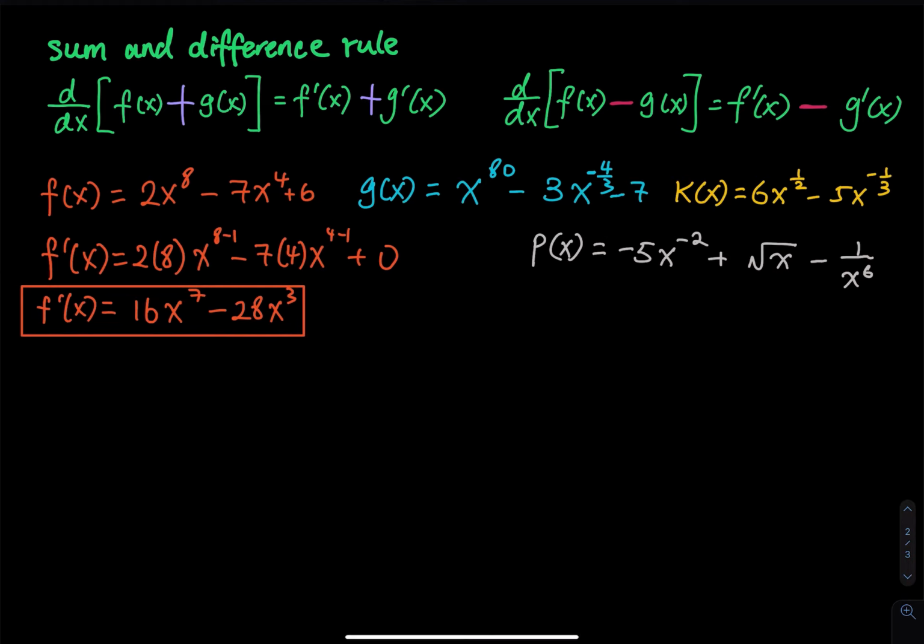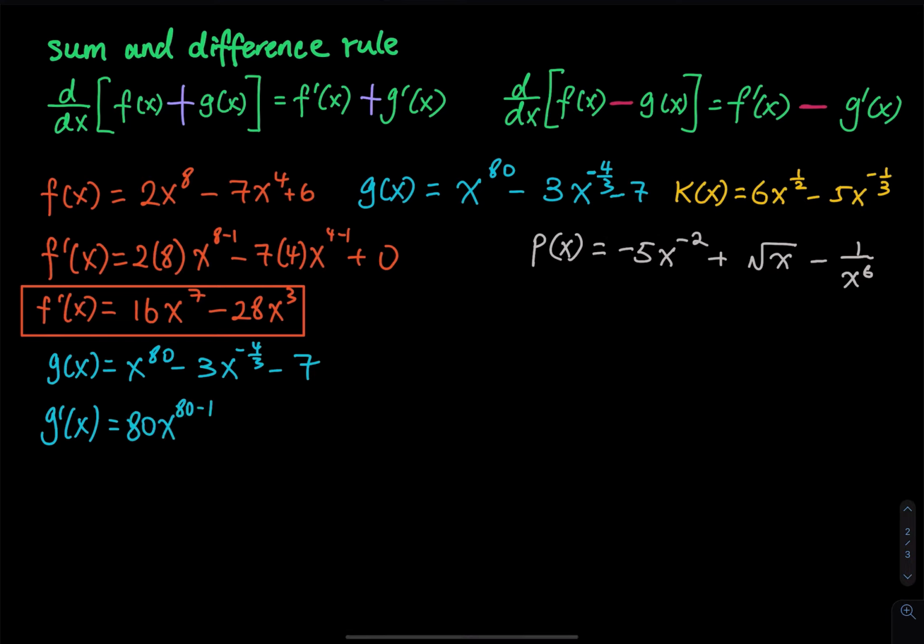All right, let's do the g. So g of x equals x to the 80th minus 3x to the negative 4 over 3 minus 7. Derivative: g prime of x. So the 80, you bring the 80 down, right? So you bring the 80 down, and then x to the 80 minus 1. And then the next term, you bring the fraction down, and then take the fraction minus 1.